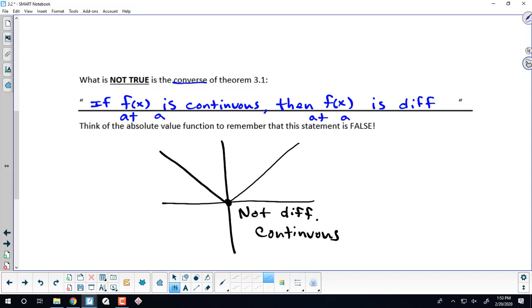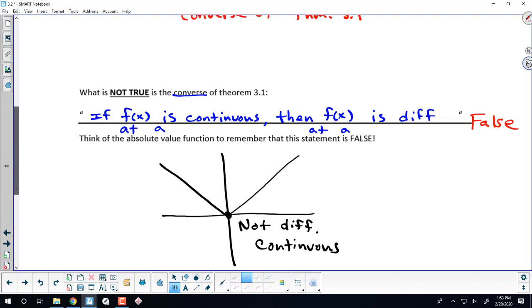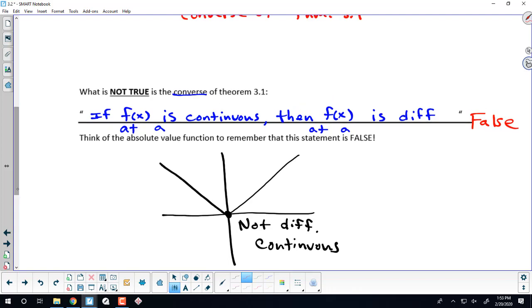That statement is false. And again, we've got our absolute value as the perfect counterexample to why that's false. Okay. Do you all have any questions on either one of these theorems? They're kind of the same thing, but.